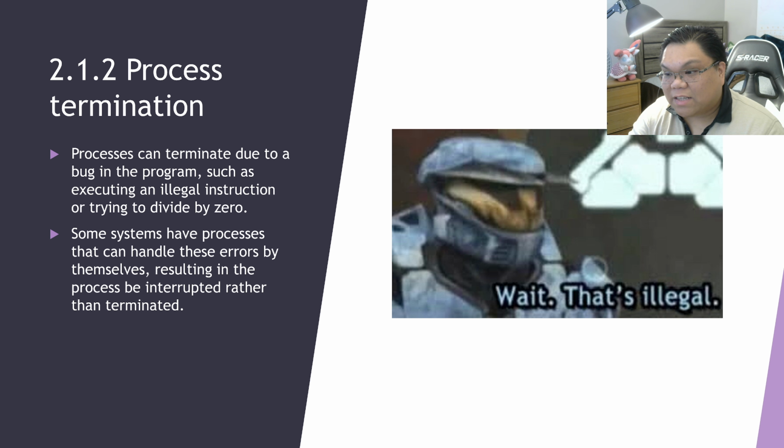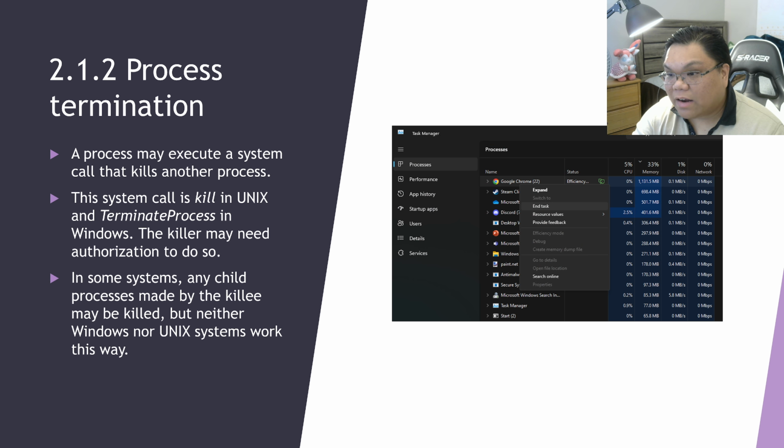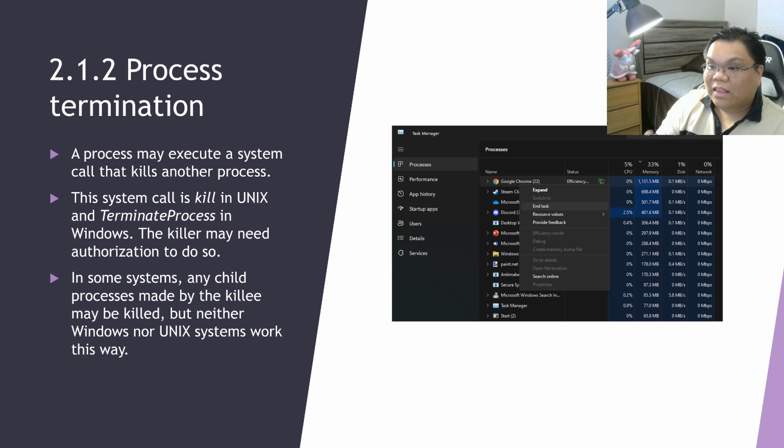Some systems have processes that can handle these errors by themselves, so this would result in the process being interrupted rather than terminated. Another way that a process can terminate is if a process executes a system call that kills another process. This system call is called kill in Unix and terminate process in Windows.